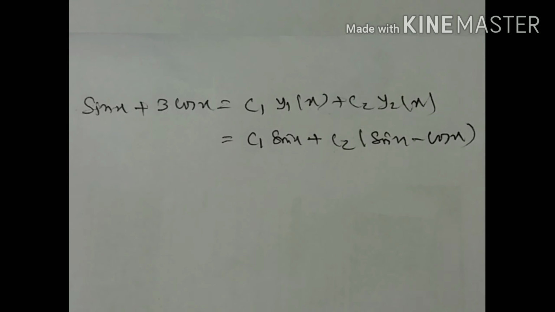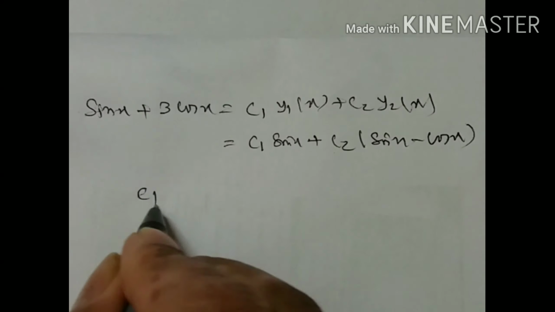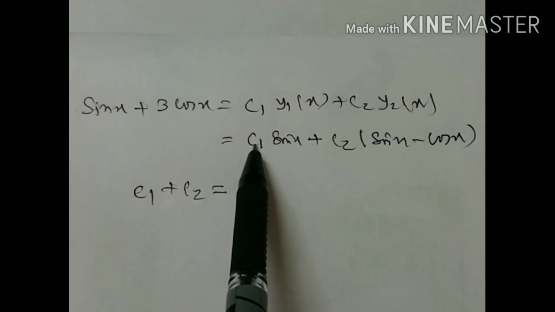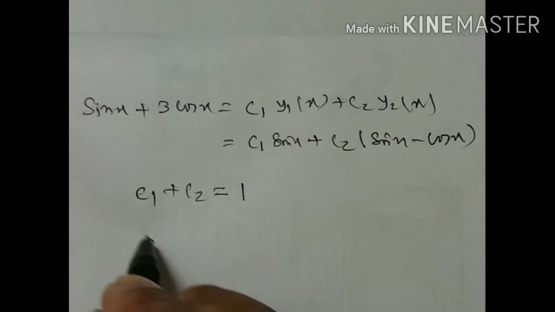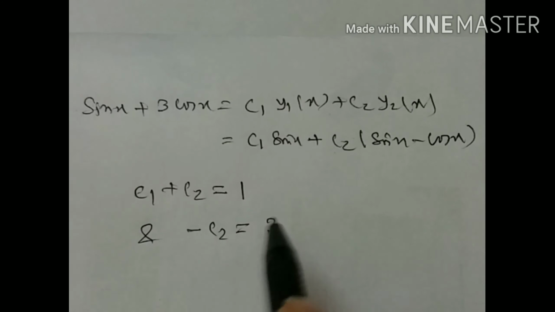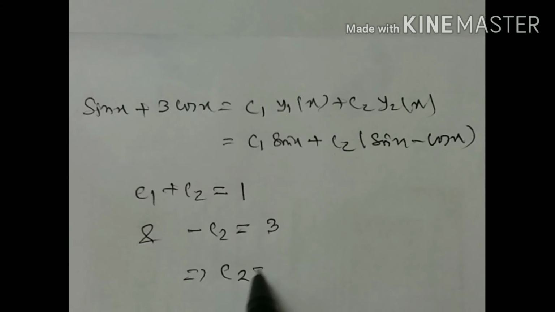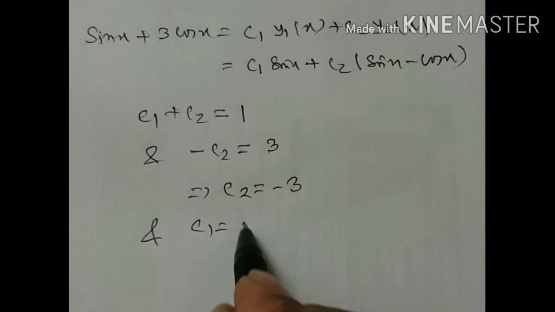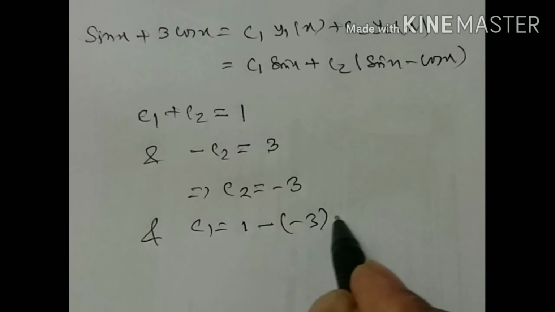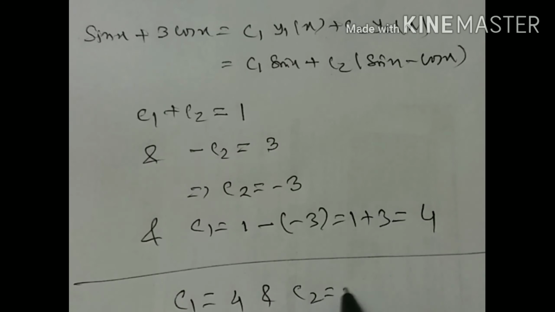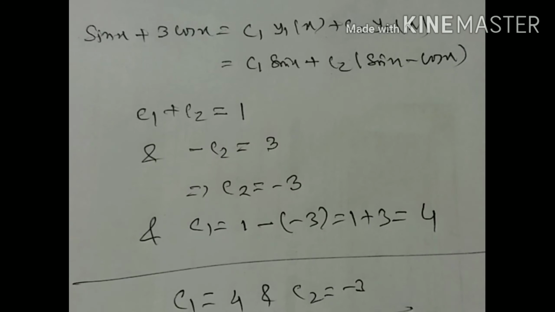After comparing, we get c1 plus c2 equal to 1, that is, the coefficient of sin x on the right-hand side is c1 plus c2 and on the left-hand side is 1. And the coefficient of cos x is minus c2 on the right and 3 on the left. From this we can say c2 equal to minus 3, and after calculation c1 equal to 1 minus minus 3, equal to 1 plus 3, that is 4. So in this problem c1 equal to 4 and c2 equal to minus 3.